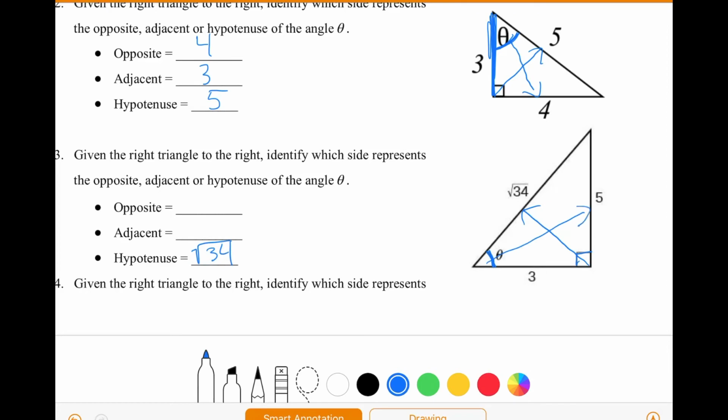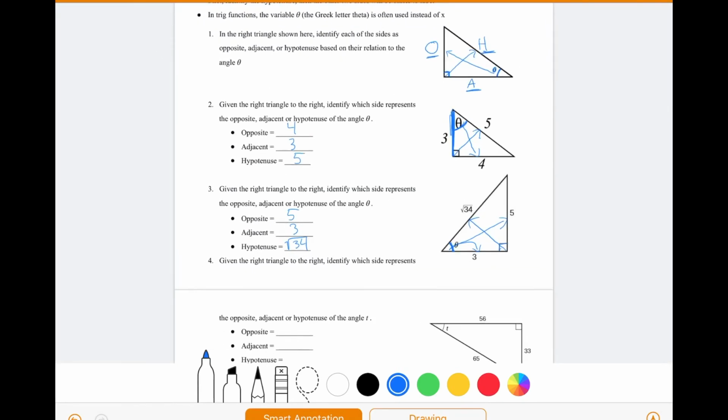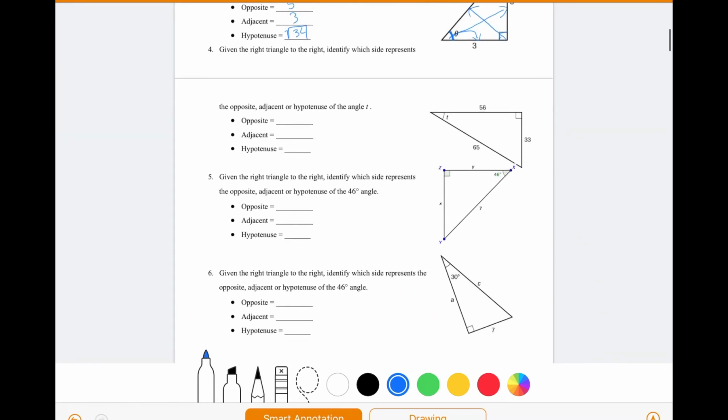Opposite side of your theta, or your given angle, is 5. And your adjacent side that is touching the given angle, that is not the hypotenuse, is 3. That's all you're having to do. So let's do another one.